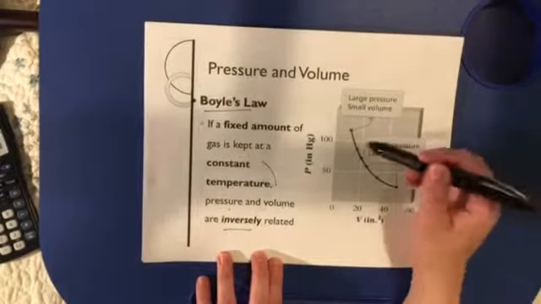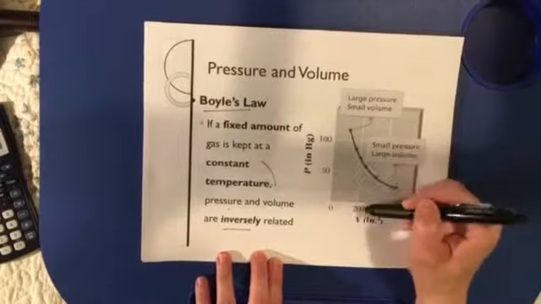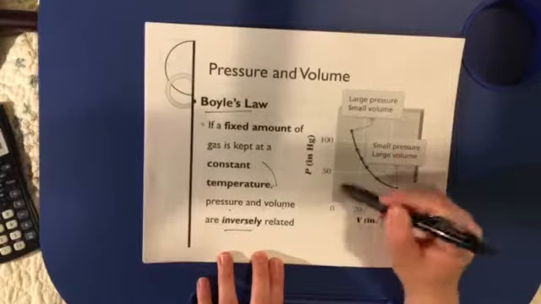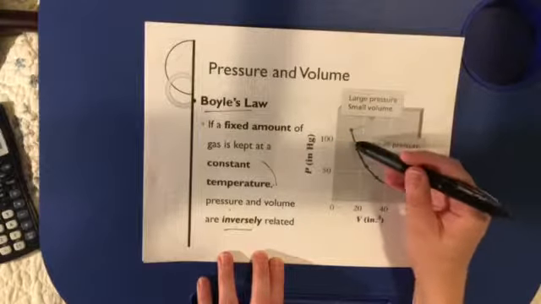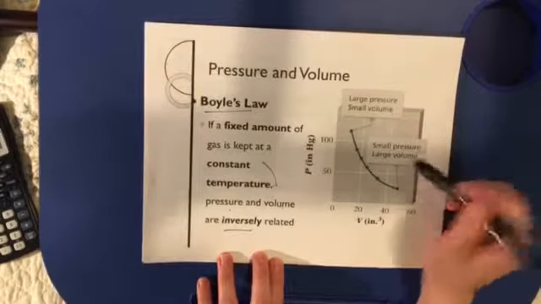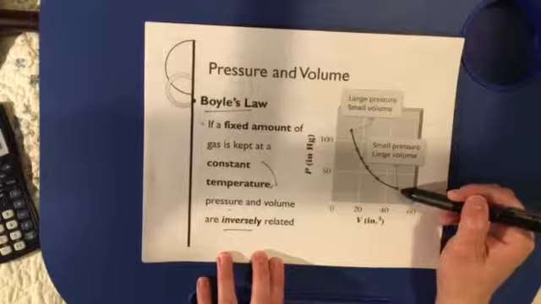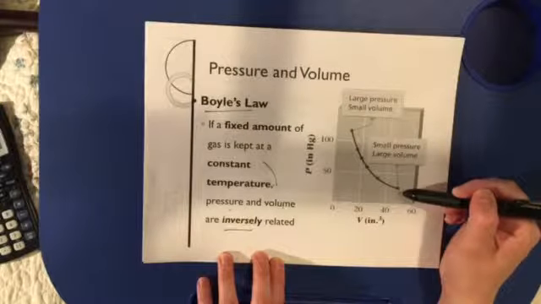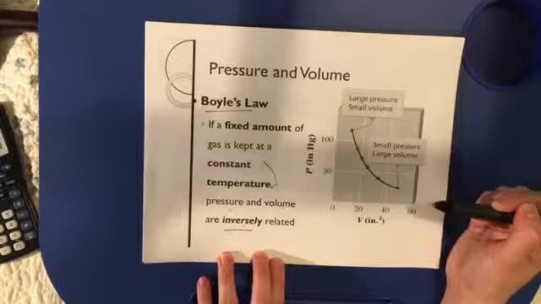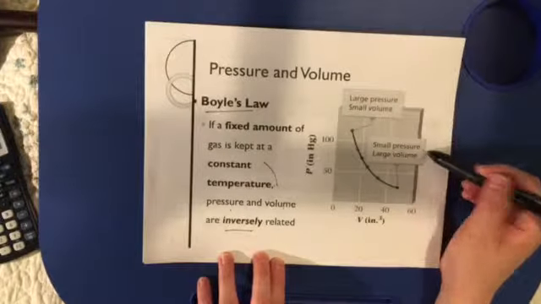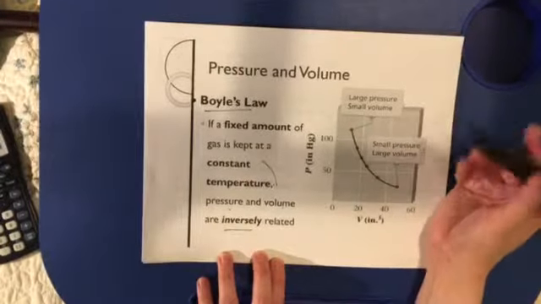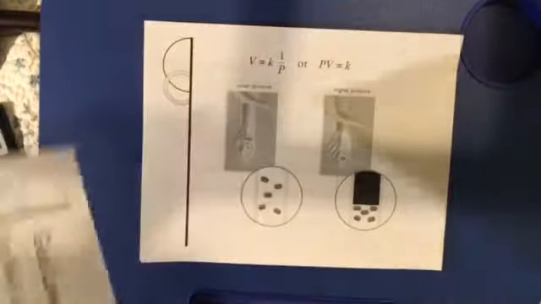And so that means that as you increase the pressure here, then the volume decreases. Or as you decrease the pressure, the volume increases. And so small pressures have a large volume, large pressures have a small volume.